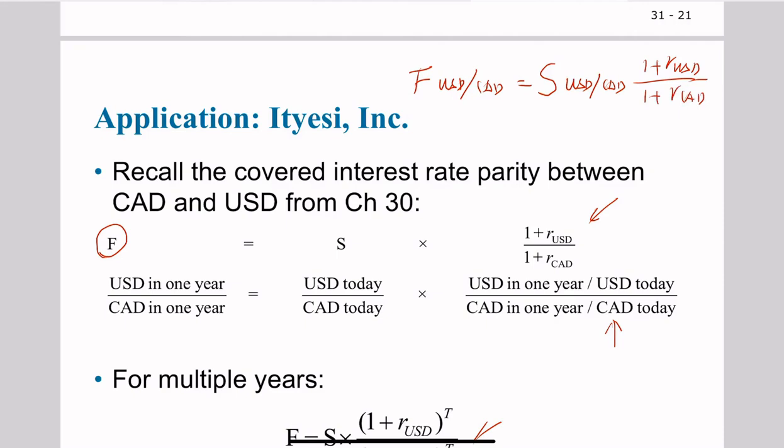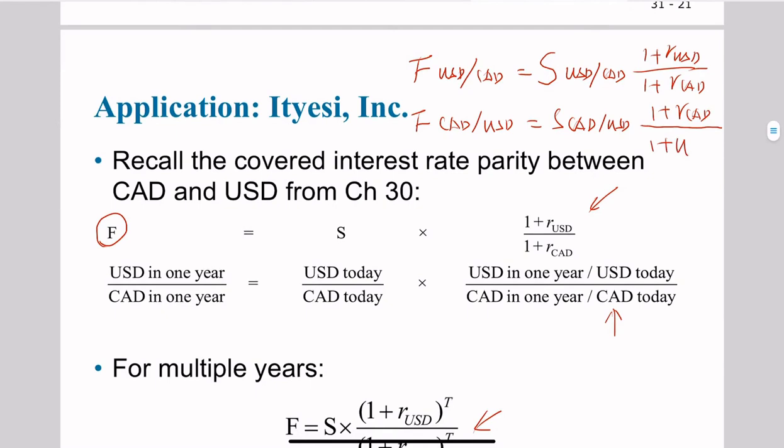But if you change the unit, so let's say now we have F in CAD per USD, now you have to use the spot exchange rate, which is in CAD per USD. And the interest part has to change, right? Now the CAD interest rate should be in the numerator, and the USD interest rate should be in the denominator.